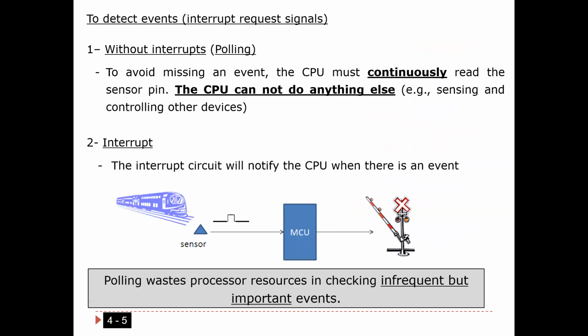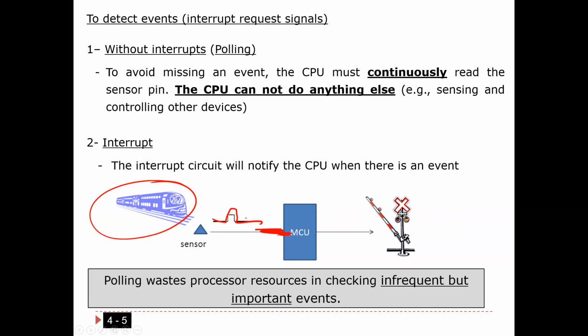Also here, I explained the difference between what polling means, polling and interrupts, and why interrupts are much better than polling. But you should understand what I mean by polling. As I told you in this example, if you have an external pin connected to a sensor, every time the sensor detects a train, it has to generate a pulse this way.